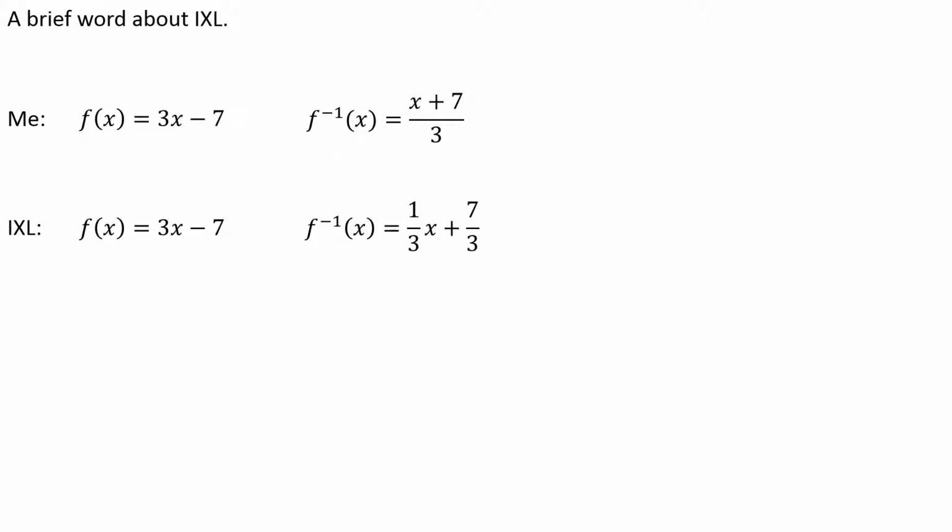Right? I happen to prefer leaving it together as one fraction. I think it's more clear that it's an inverse of the original function. But the way IXL does it, it's much more obvious that they're both lines. They're both linear functions. They both have a slope. They both have an intercept.